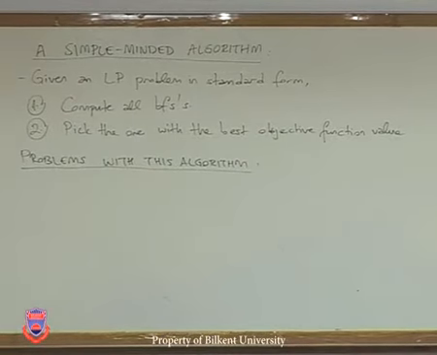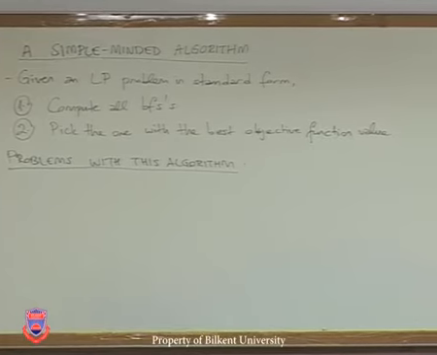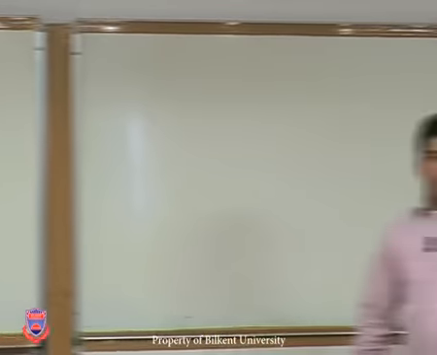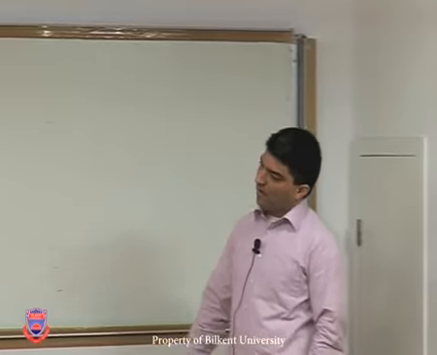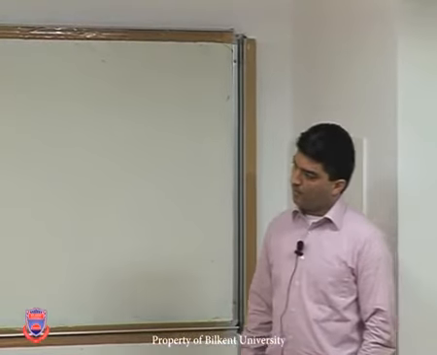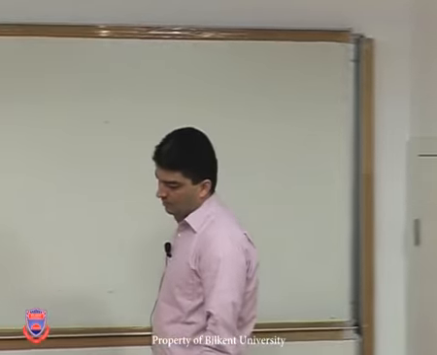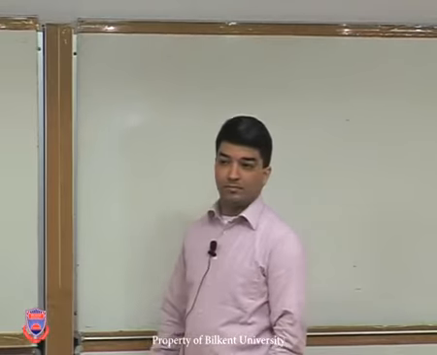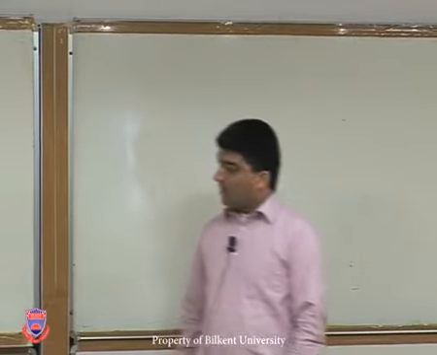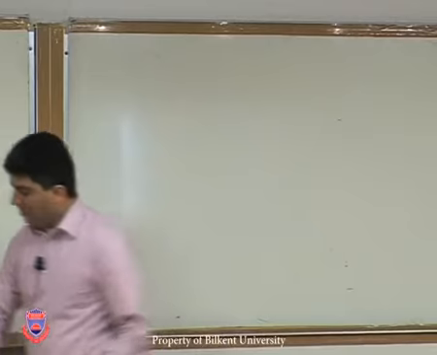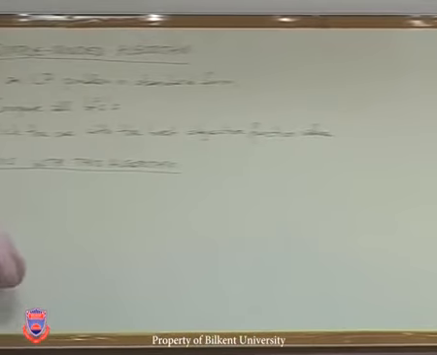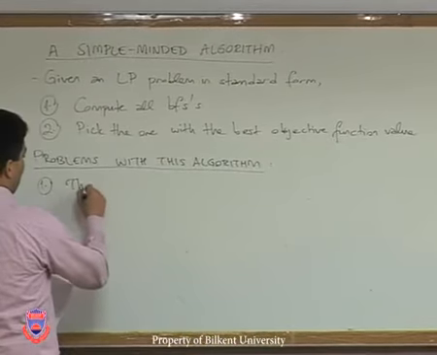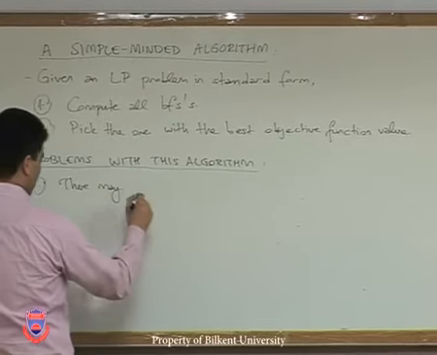If you try to implement this algorithm, what kind of difficulties can you face? There can be a lot of basic feasible solutions. I'm going to illustrate that. So the first problem is that there may be too many basic feasible solutions.